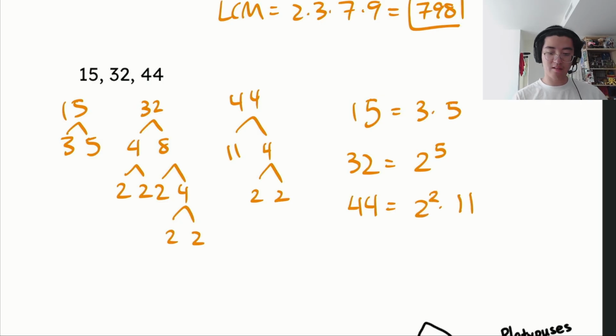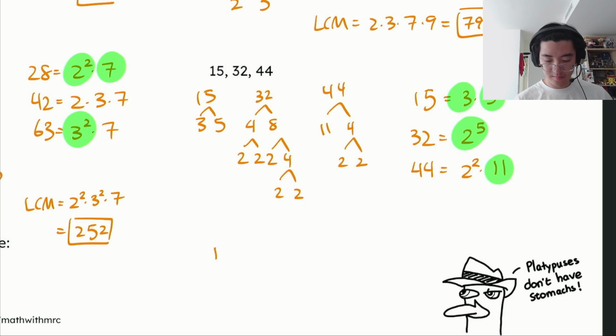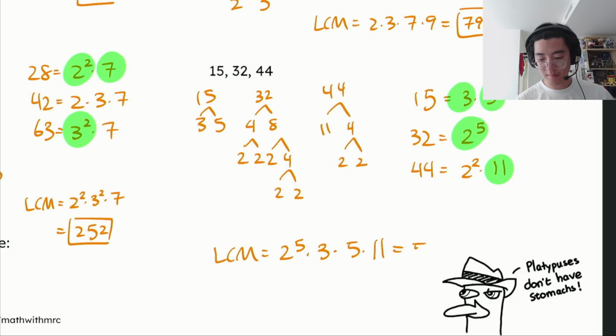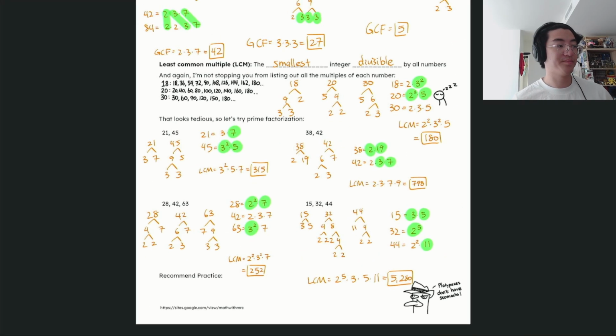Alright, take the highest power. For 2, we have 2 to the power 5. 3, 5, and 11 are just by themselves. Okay, big number warning. Just like that. Okay, that's it.